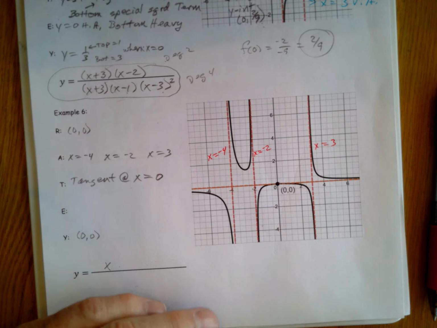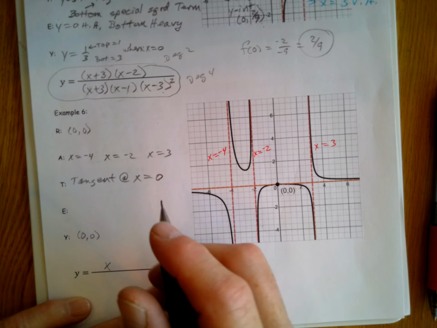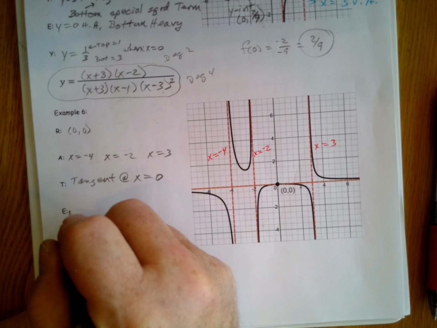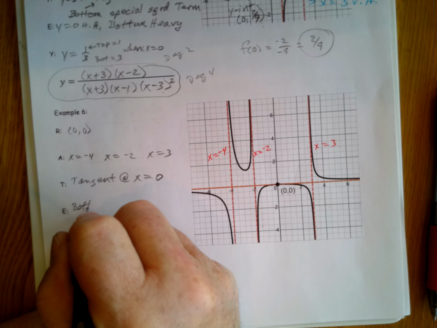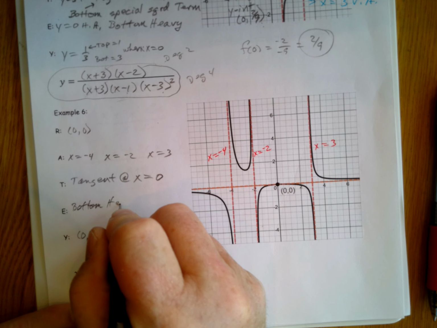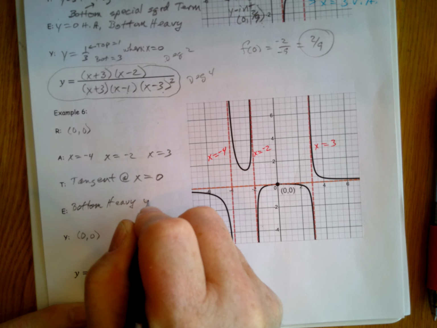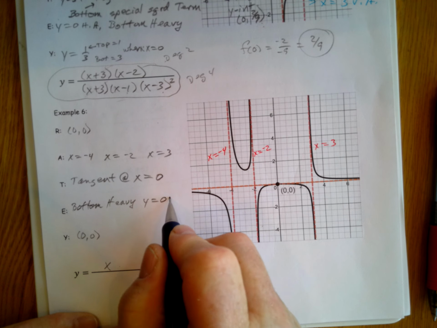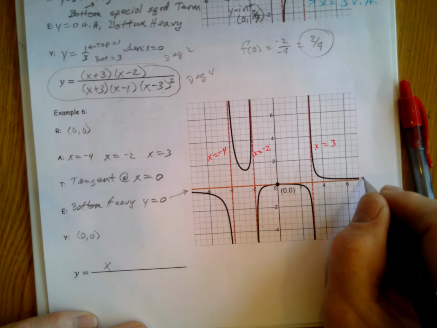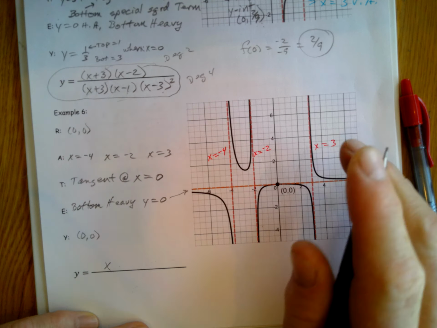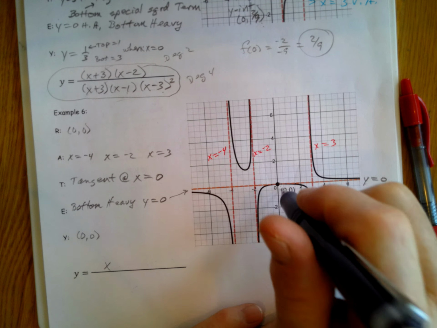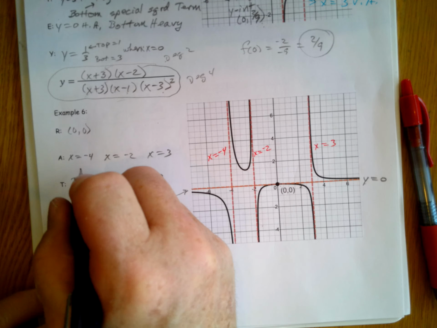Okay. It is bottom heavy. How do I know that? Because it's y equals 0, right there. Y equals 0. All right. And I got 0, 0 over here. Well, this x equals -4 is going to be the factor x plus 4.